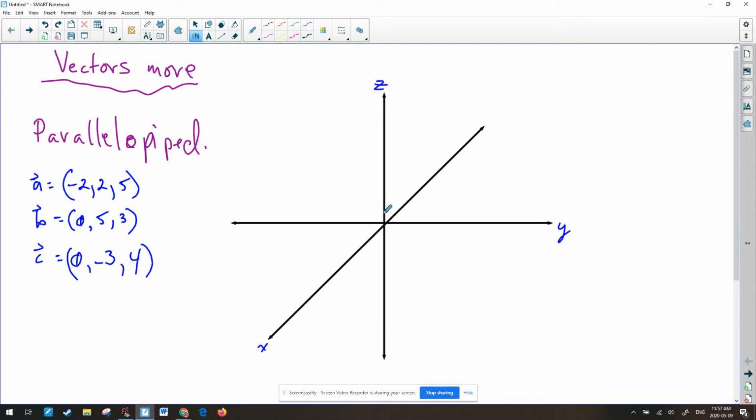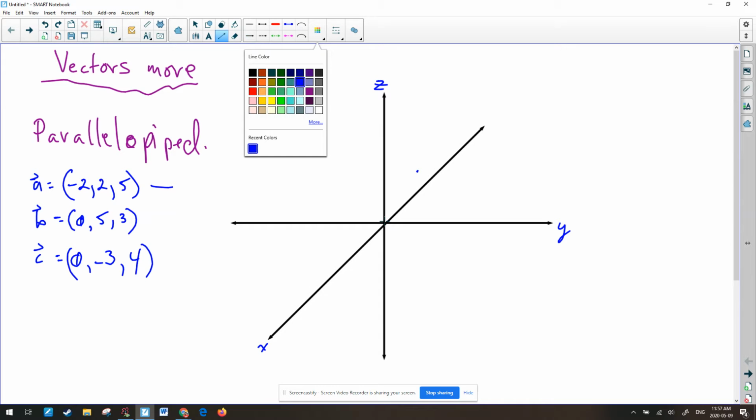What we have is -2, so back 2, 2, so over to the right 2, and then up 5. So 1, 2, 3, 4, 5, so in about here. Let's do blue for A. So let's sketch that in like that. There is vector A.